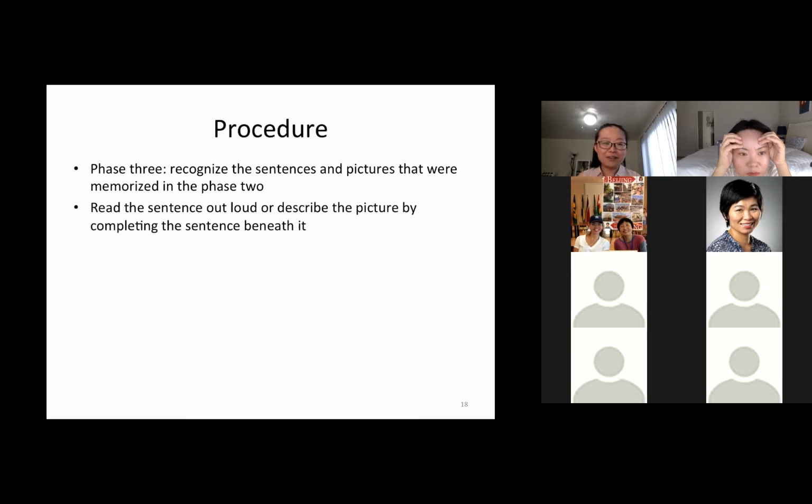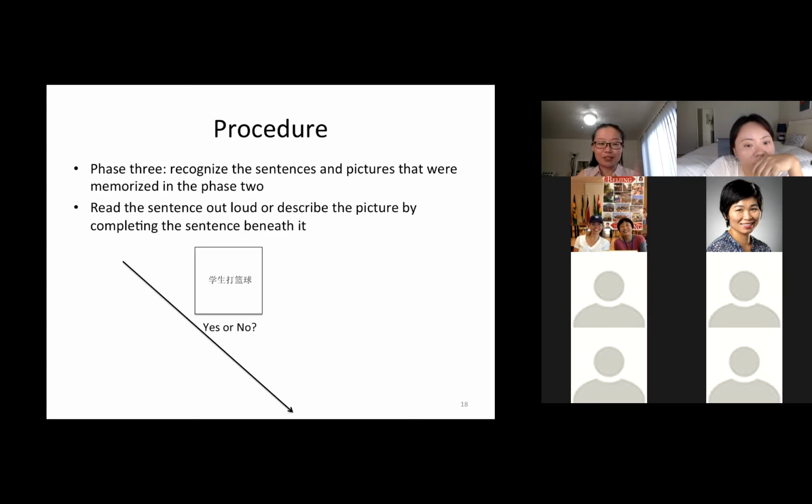The third phase is to ask participants to recognize the sentences and the pictures that were memorized in phase 2. This is also a fake task because we don't want participants to know the goal of this experiment.